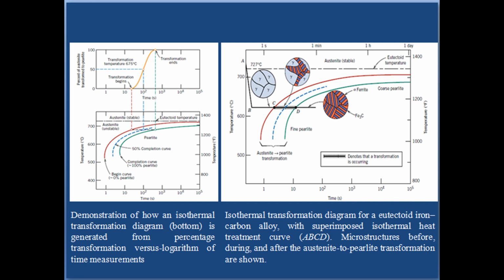Thus, from the figure, at temperatures just below the eutectoid, corresponding to a slight degree of undercooling, very long times on the order of 10^5 seconds are required for the 50% transformation, and therefore the reaction rate is very slow.